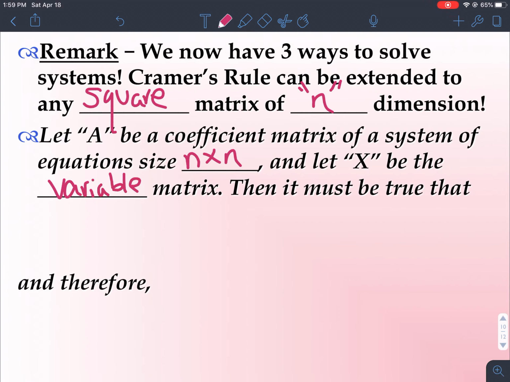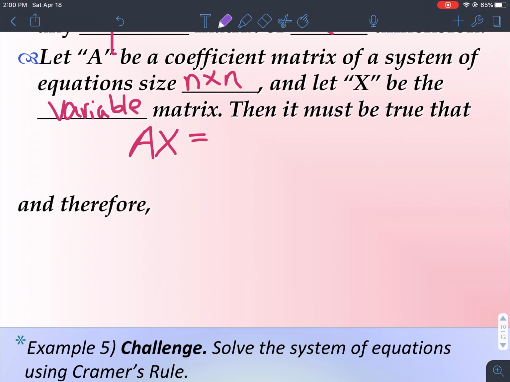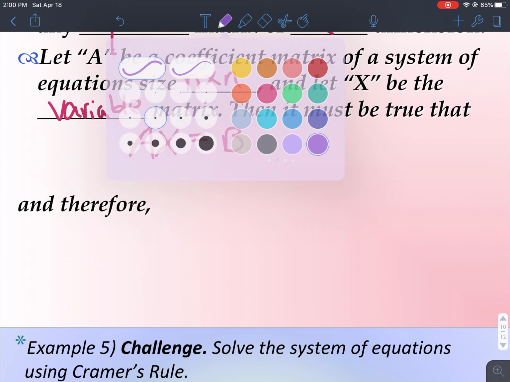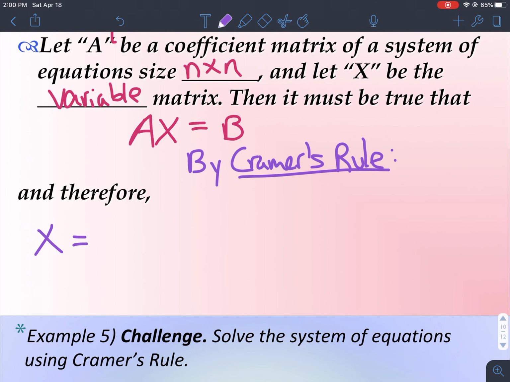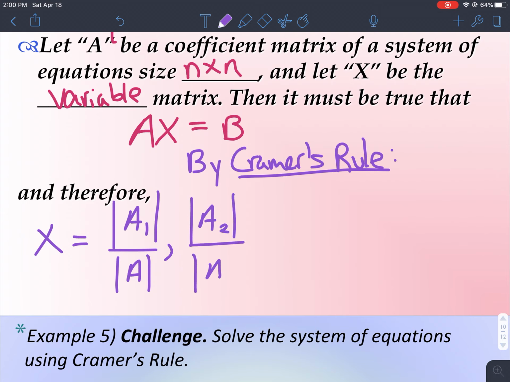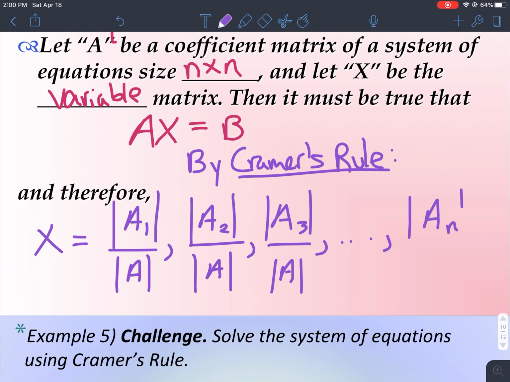It must be true from previous notes on the lesson that the matrix equation AX equals B. Therefore, by Cramer's rule, the solution to the system will be the first augmented variable matrix over the regular one, comma, the second augmented matrix over the regular one, comma, the third augmented matrix over the regular one, and so on, up to n dimensions.